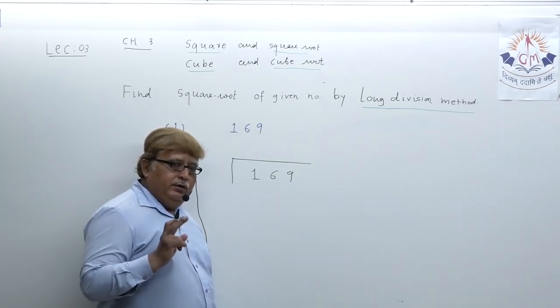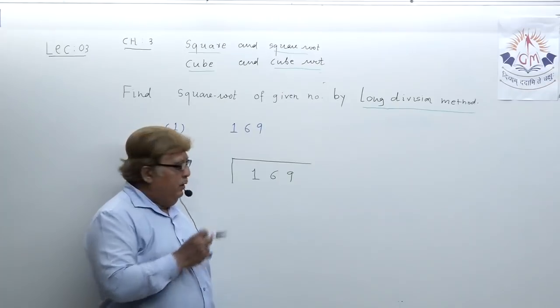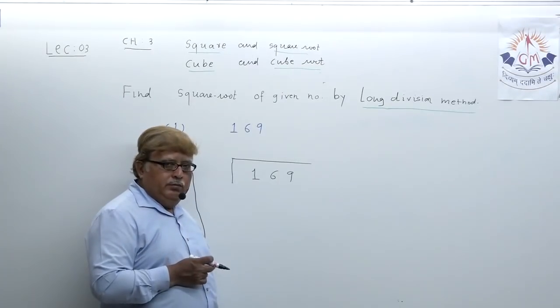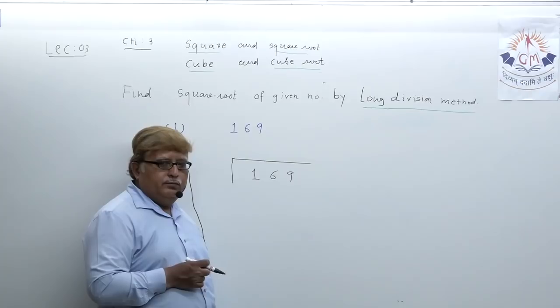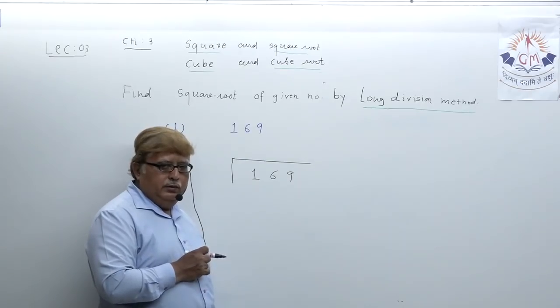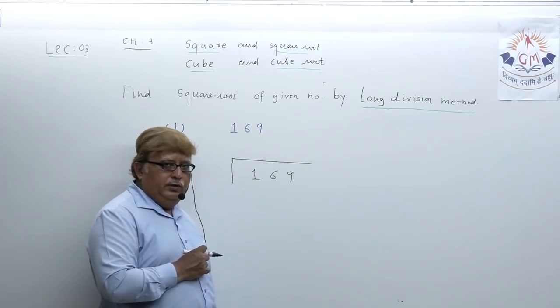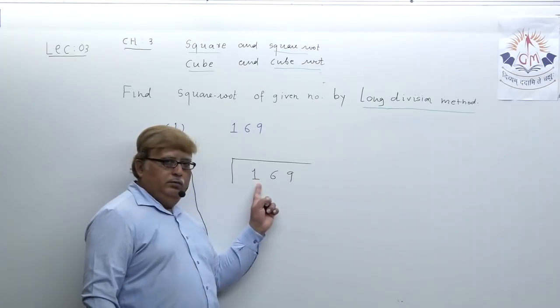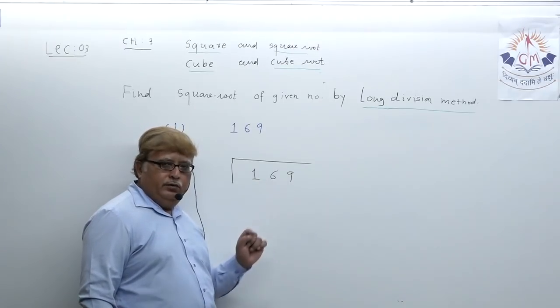And now, my dear student, count the number of digit. This number is made up of how many digit? 3 digit. 1, 2 and 3.